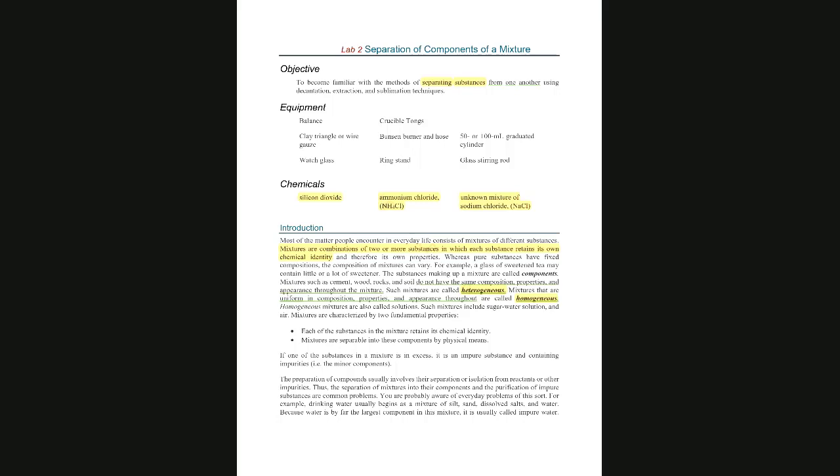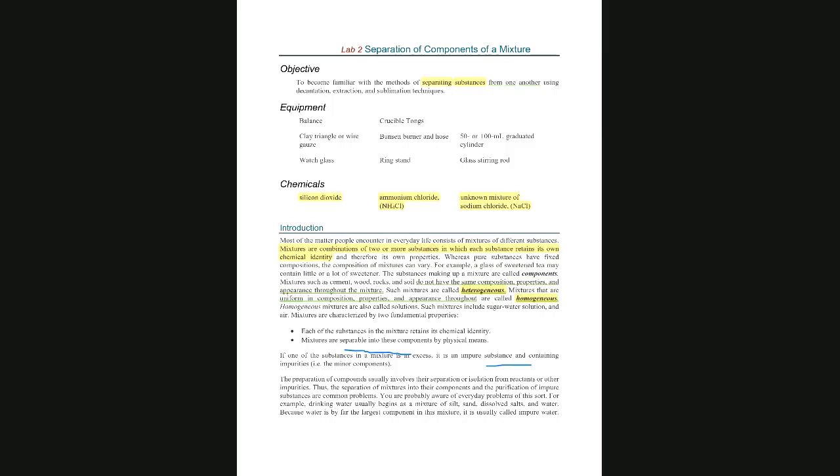It will be silicon dioxide, which is sand, ammonium chloride, which is a white crystalline solid, and table salt, that we all know. So when you look at the mixture, it's going to look like sand.